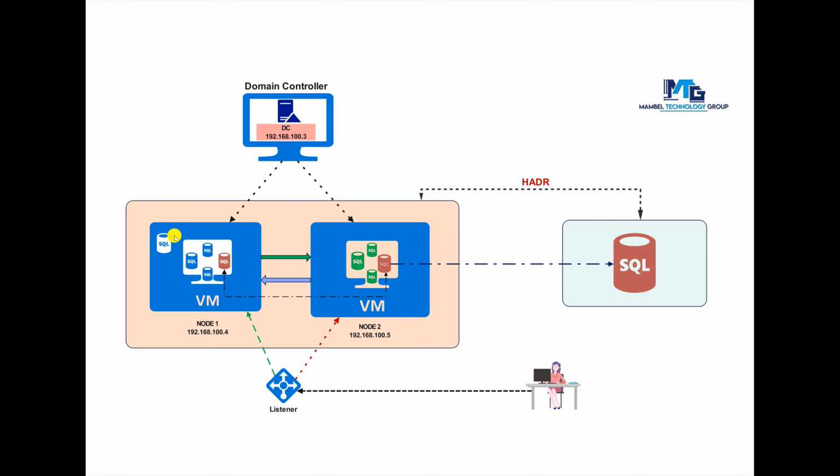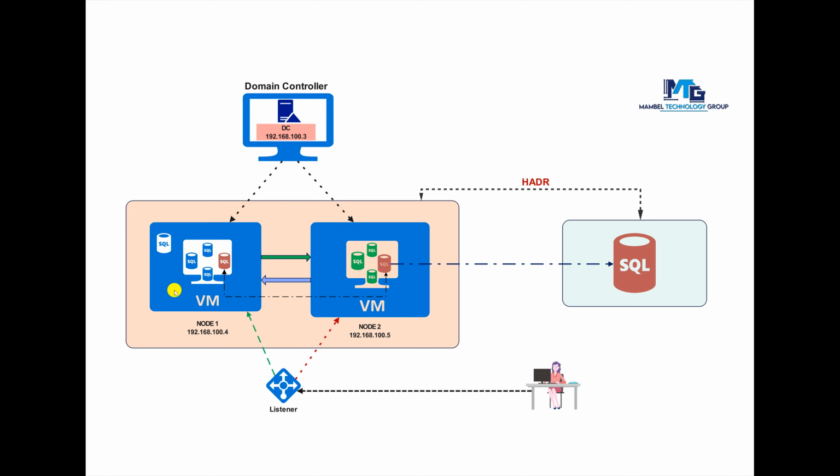So now, if you look at the node 1 VM here, you will see that there is a database that is isolated here. This was just to explain and expose the difference between a database that can be on the same server with the other databases that are part of an availability group. So, except a database is part of an availability group, it may not fail over.